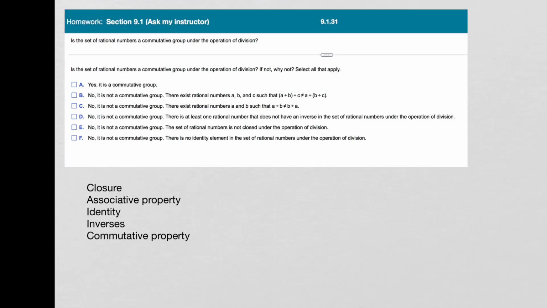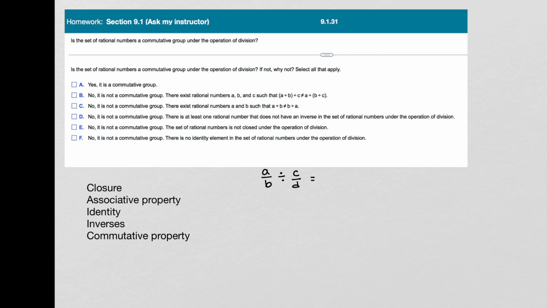Now let's take a look at another set. Here we have the set of rational numbers, and we want to determine if that's a commutative group under the operation of division. So when we look at closure, if I divide any two rational numbers, say A over B divided by C over D, do I get a rational number?